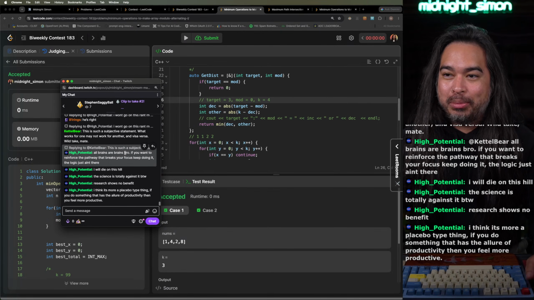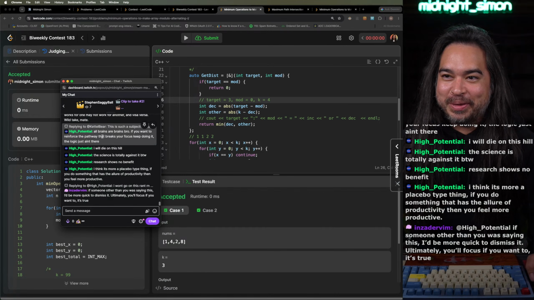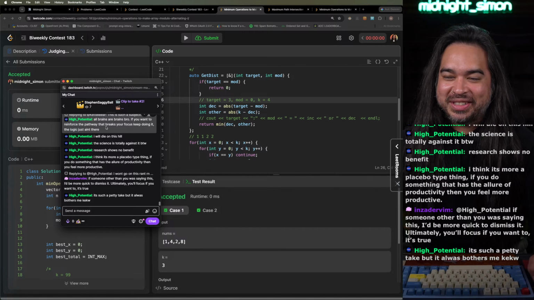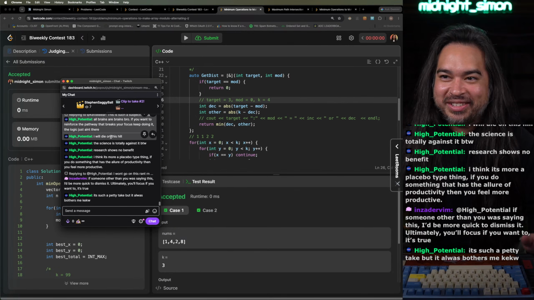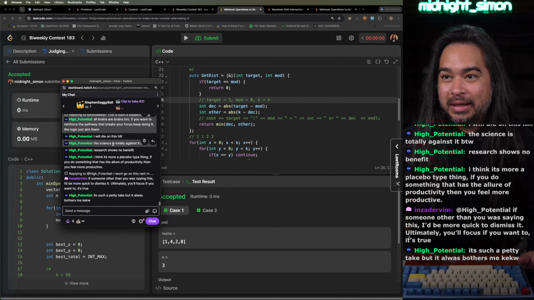All brains are brains. If you want to reinforce the path that breaks your focus. Anyways, I don't know if all brains are the same, what you're saying, but I'm no scientist or nothing, man. You got a PhD. Science is totally against it.